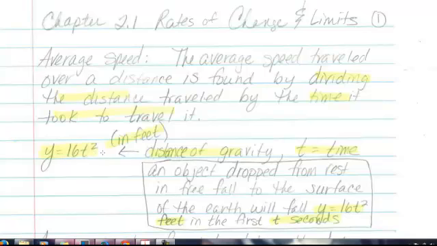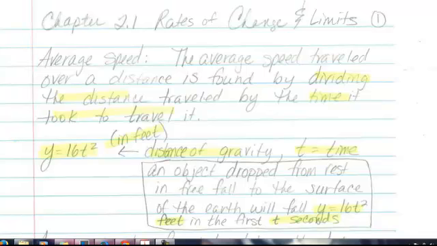In other words, if I plug in the time, the distance that the object falls is given to me by y. So in the notes here I said an object dropped from rest in free fall to the surface of the earth will fall y equals 16t squared feet in the first t seconds. These things will connect here shortly.